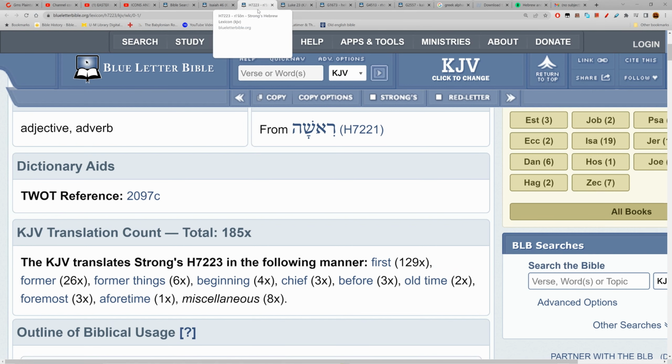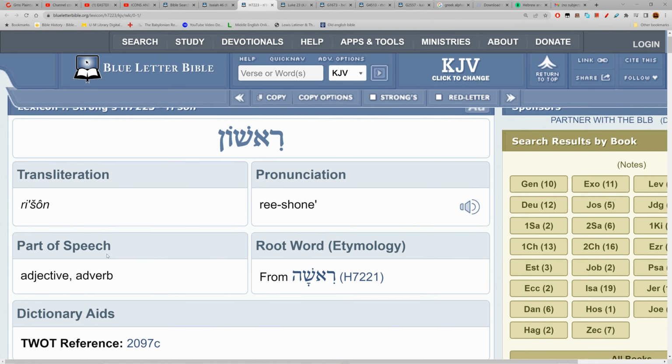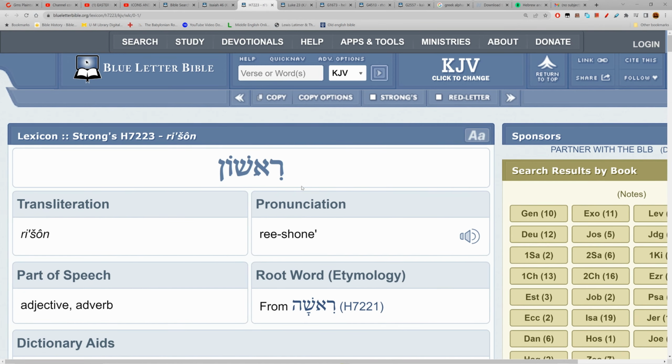Former things. We got Ra'ashawan, and then we connect the wa and the na to understand how to pronounce it. So you can't use how Esau translates to Hebrew. You can do that for the Greek, but not for the Hebrew. Sometimes they do get it right, but Ra'ashawan is how we pronounce it.